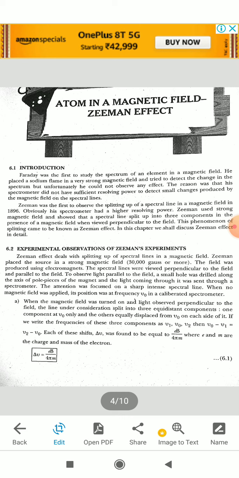Then three lines are clearly observed, equidistant from our original frequency nu naught. On either side there are three lines: at the center the line having frequency nu naught, on the left side the frequency nu 1, and on the right side the frequency nu 2.